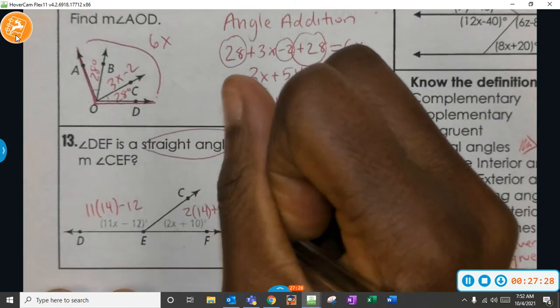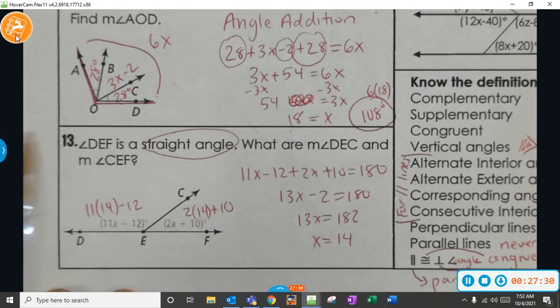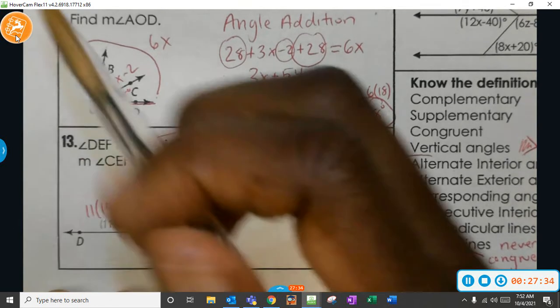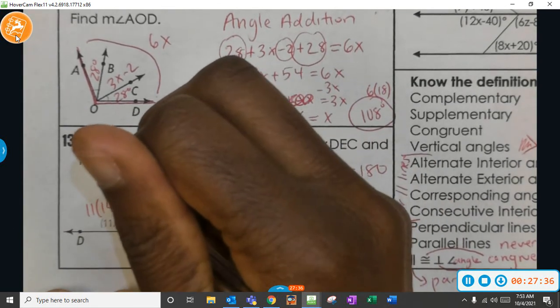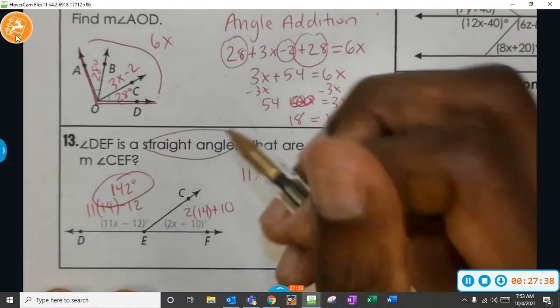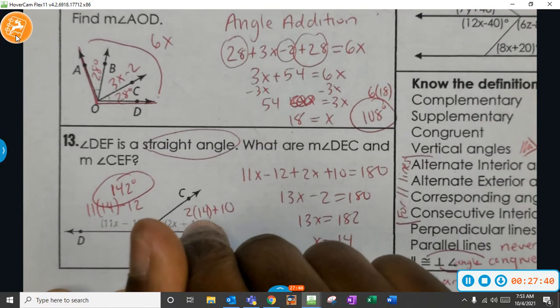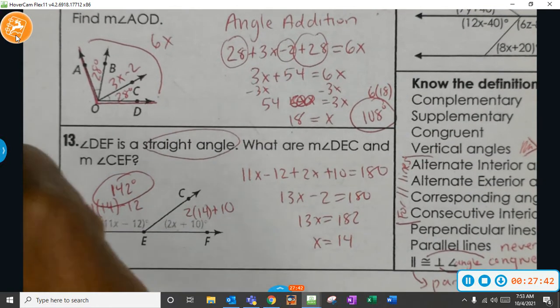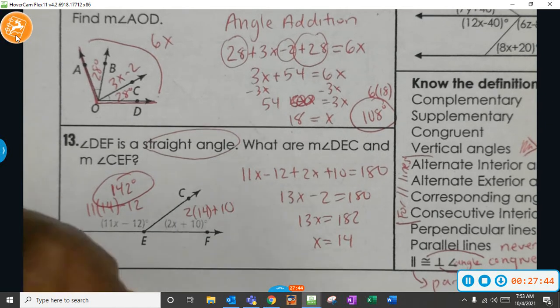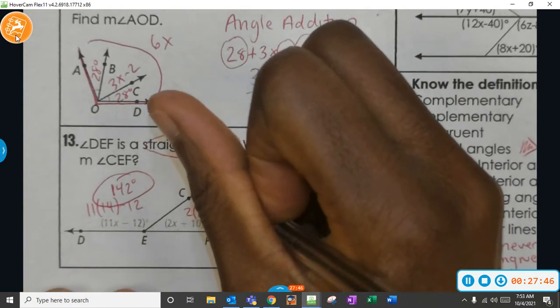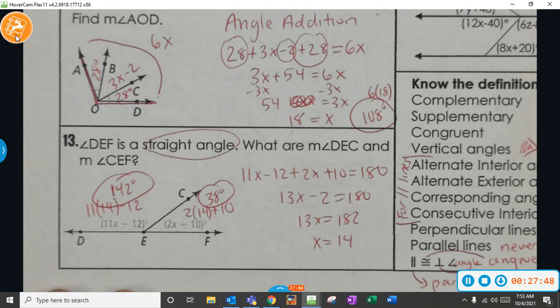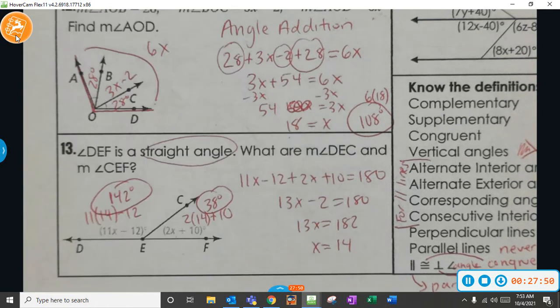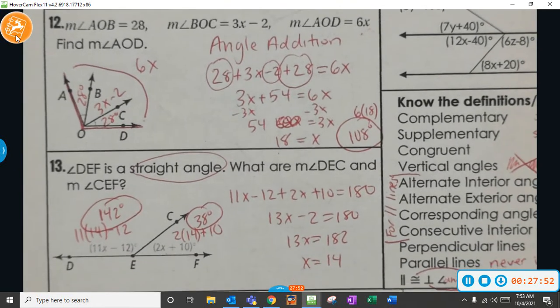Remember, order of operations tells us we do multiplication and then subtraction. So multiplying 11 by 14 and subtracting 12 gives us 142 for this angle. This one should be 38 because they make 180, but we'll double check it. Yeah, it was 38. I did this on my calculator off to the side.